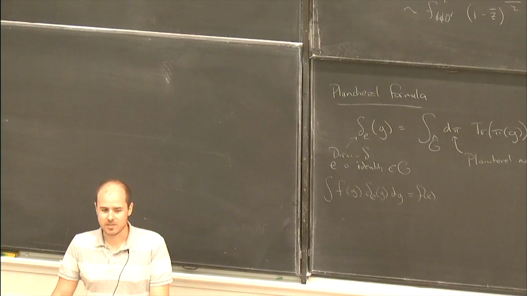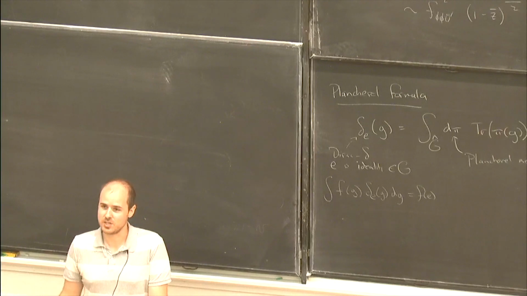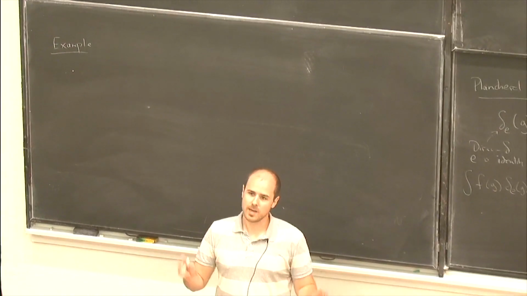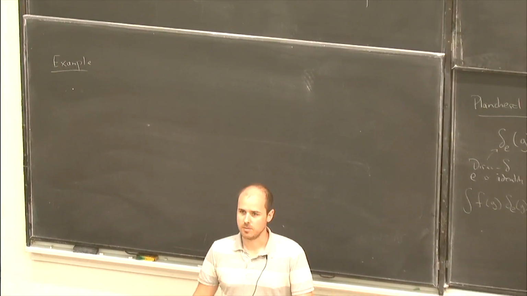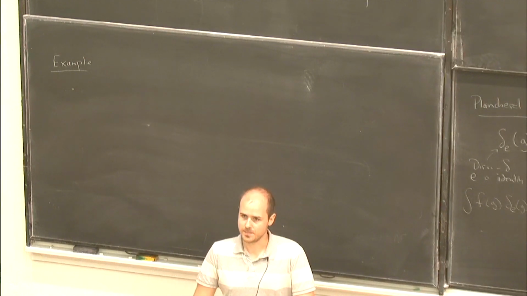If you have a sufficiently nice space of functions, maybe it's not surprising that it has a decomposition into irreducible representations. And that's just what this formula is saying. So the space of functions on the group is called the regular representation, and the Plancherel formula gives the decomposition of the regular representation into irreducibles.